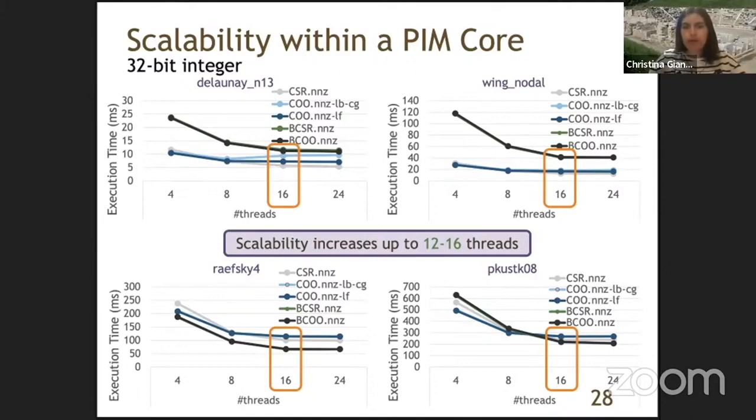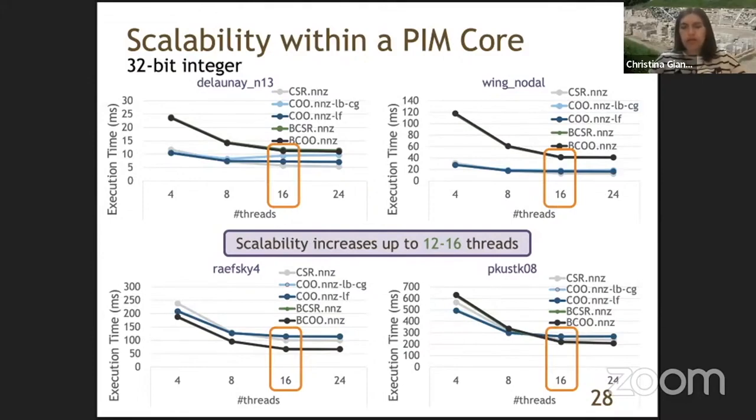This is because in the scheme that we have, where we load balance the number of non-zero elements, the bottleneck is the row imbalance. So the performance is bottlenecked by the one single thread that processes a much higher number of rows. In that scenario, if we increase the number of threads, the row imbalance decreases and we have better performance.